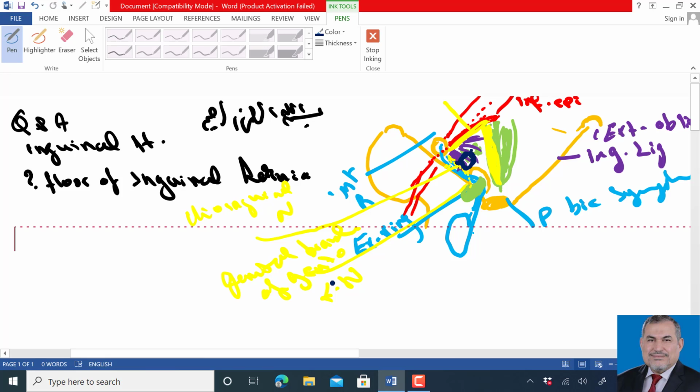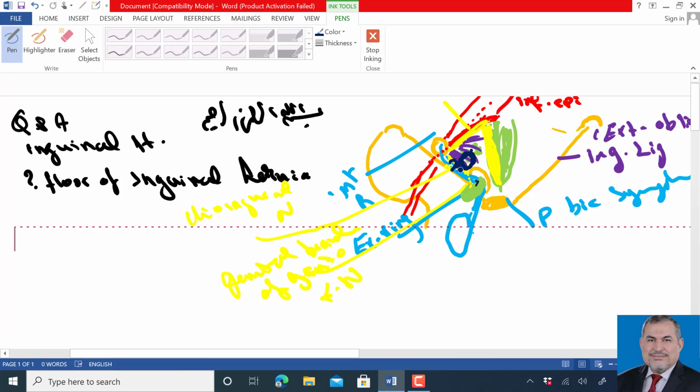From which abdominal muscle layer is the cremasteric muscle derived? Cremasteric muscle covers the spermatic cord. Okay. From which layer? We said the inguinal ligament is from external oblique.